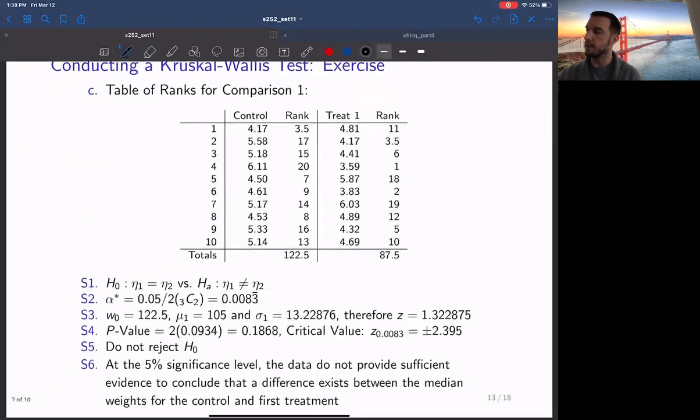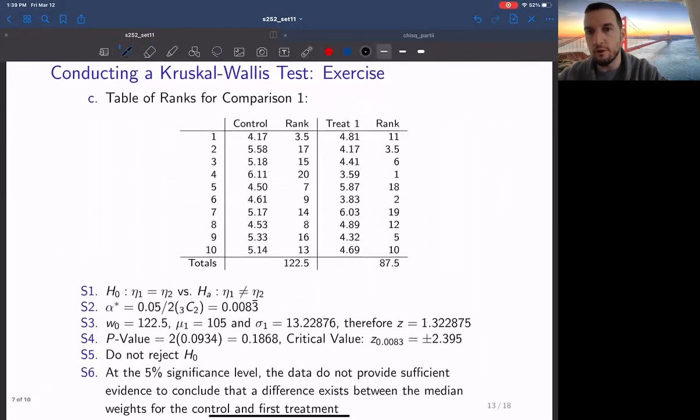On slide 13, we have control versus treatment 1. So you can see that what we have to do here is re-rank the data. We take control and treatment 1 on their own, so we've isolated those 2 groups of data, and now we have ranked from 1 to 20.